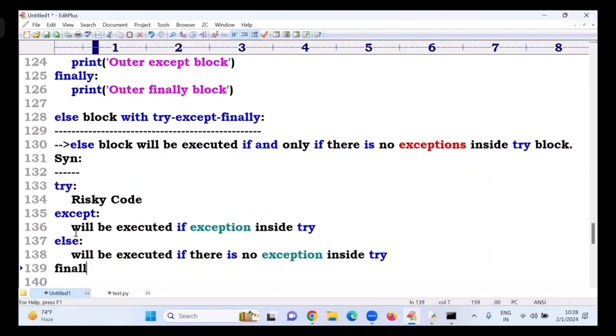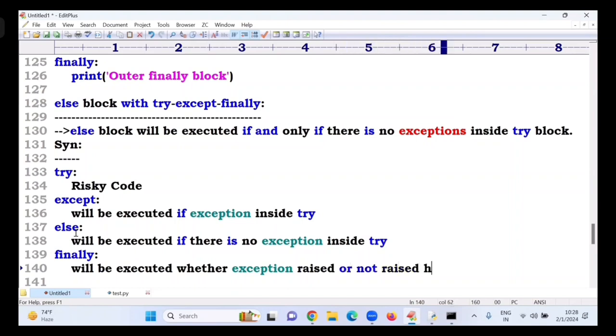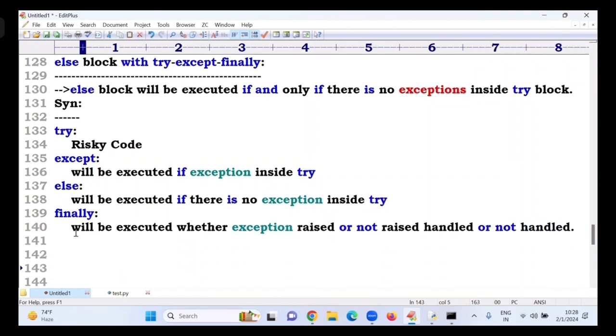Finally block always will be executed, whether exception raised or not raised, handled or not handled. That is the try except else finally.